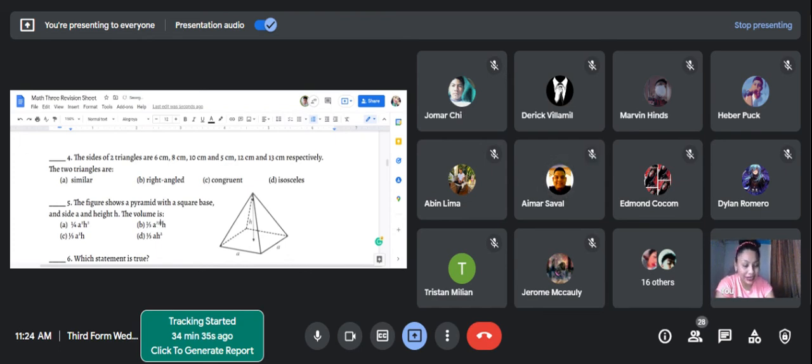Okay, yes. So an isosceles triangle is a triangle that has two sides of the same length.